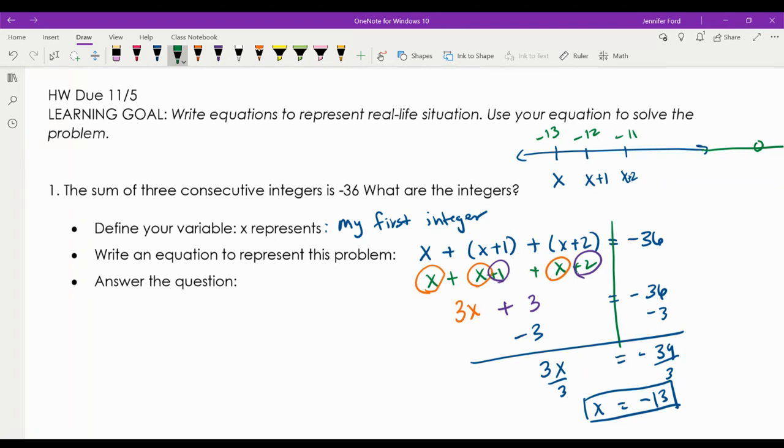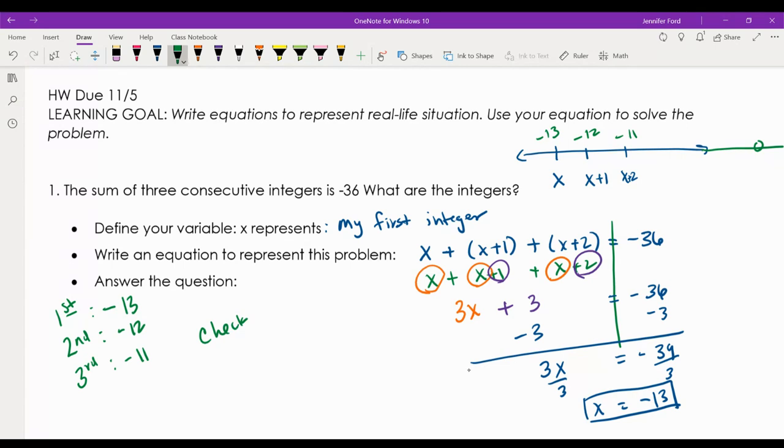And we could double check that. So my integers are the first, oops. I was going to write first and then I wrote 1f. I don't even know why. First integer is negative 13. Second integer is negative 12. And the third integer is negative 11.